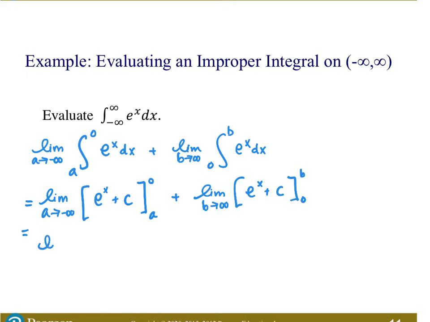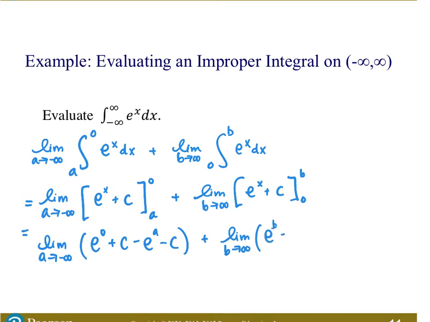So we now have one limit as a approaches negative infinity of e to the 0 plus c minus e to the a minus c. And then a second limit of e to the b plus c minus e to the 0 minus c.